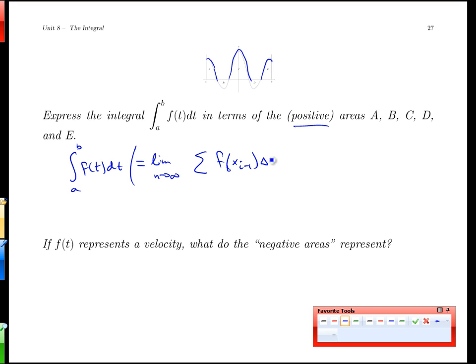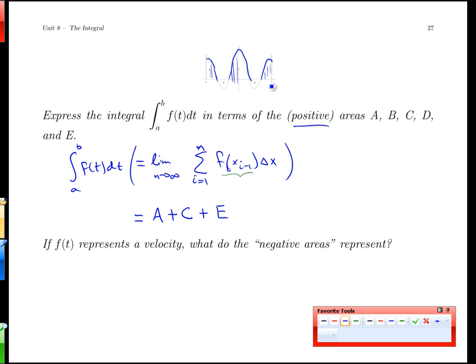Let's do left-hand sums, that's fine, up to n, starting at 1. So again, here are those values of the function that play a role in the overall sum or in the overall integral. Well, for sure, when we look at the rectangles that define A, they're going to add up, and we're going to get positive things there, positive area, fantastic. When we see the values in the region C, all those function values are positive, we get nice positive values, we get the area under the graph, we've seen that.